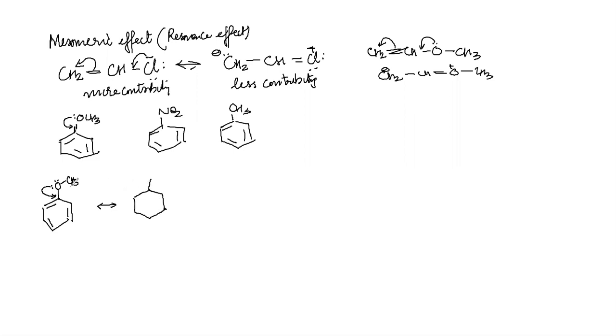See, this is one bond already there. These two electrons, we are shifting between these two. I'm putting two electrons here. What does it mean? It means a bond, OCH3. And remember there are two electrons on this bond.